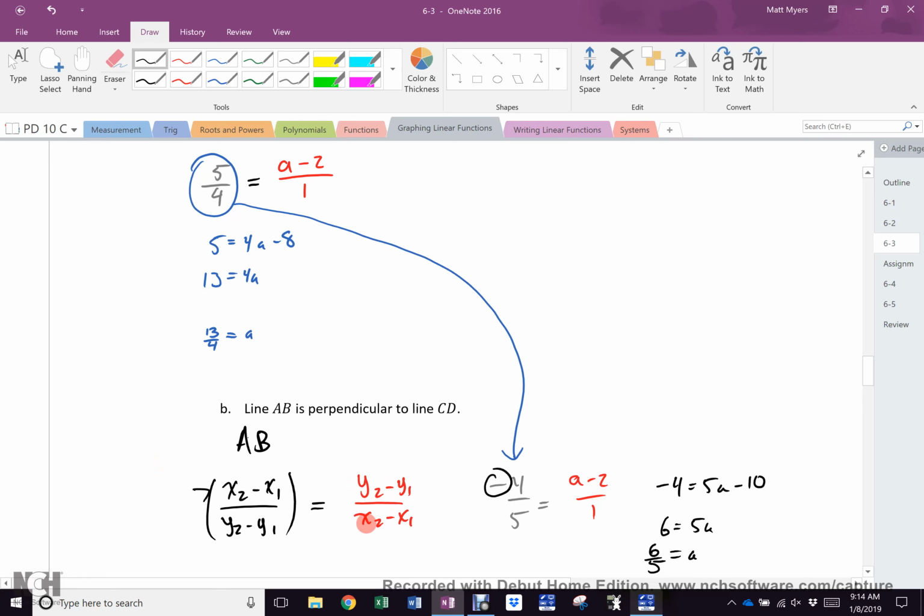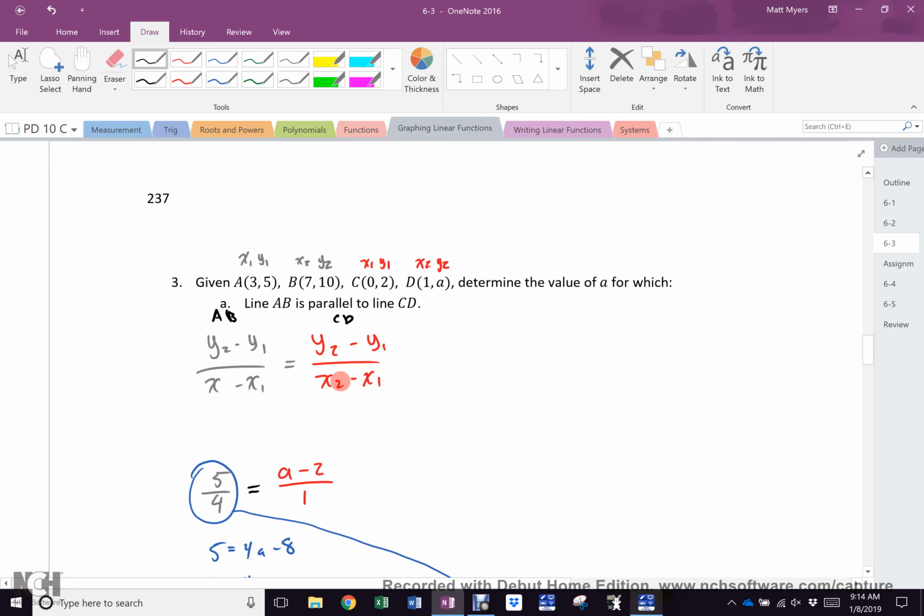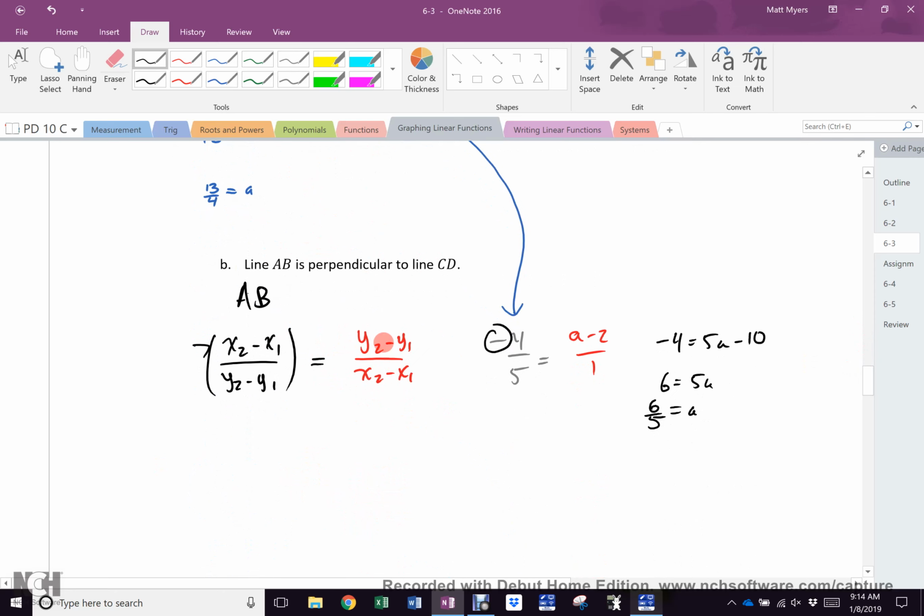Because that is the CD slope that I still have to find. Slope is always that. So up here, I needed it there. But now I'm looking at perpendicular. The CD slope isn't changing. But I need it to be perpendicular, so I had to change the AB slope. Okay?